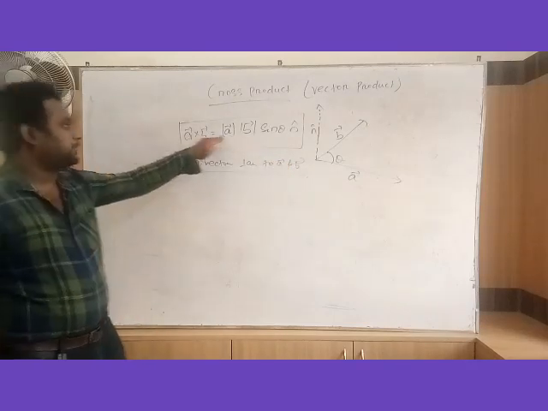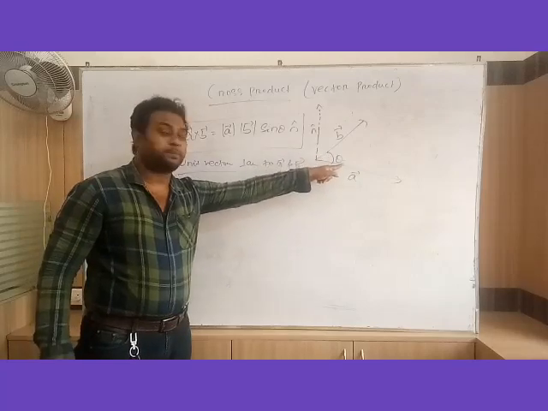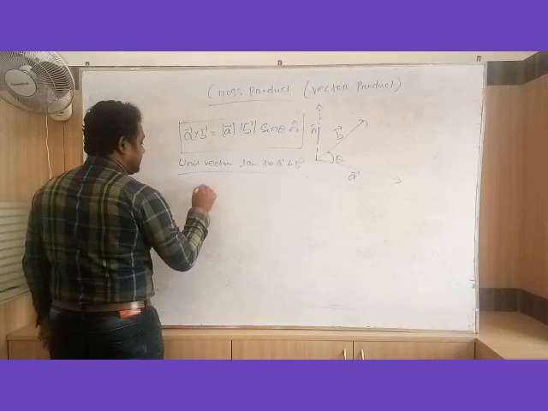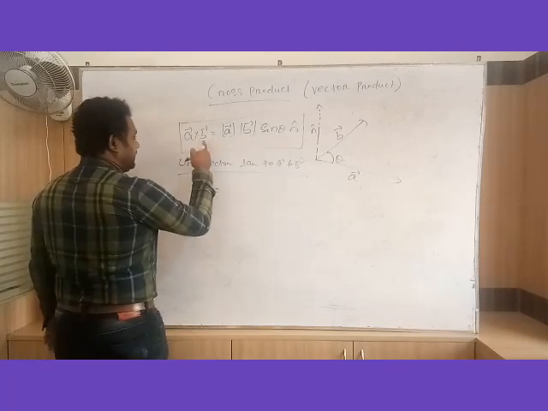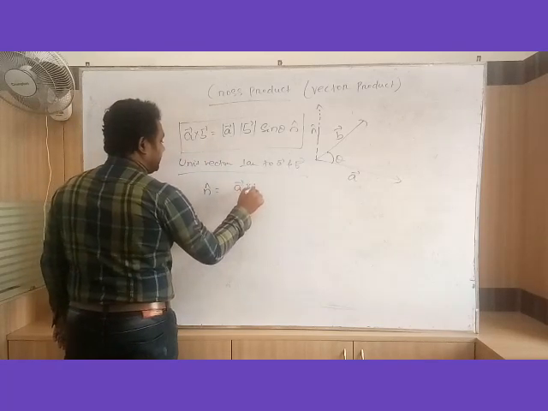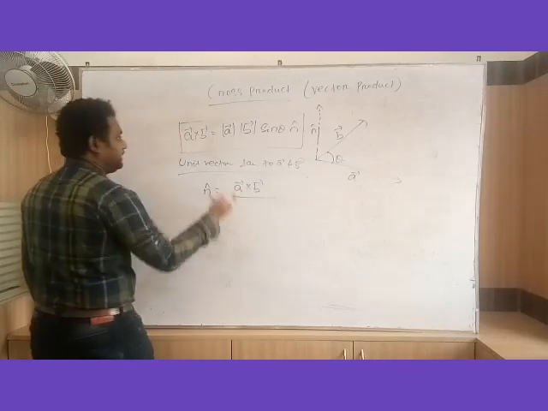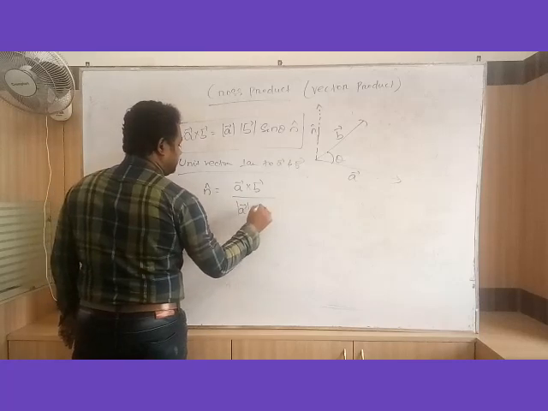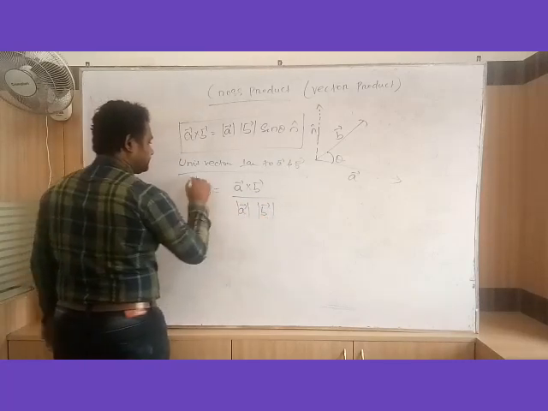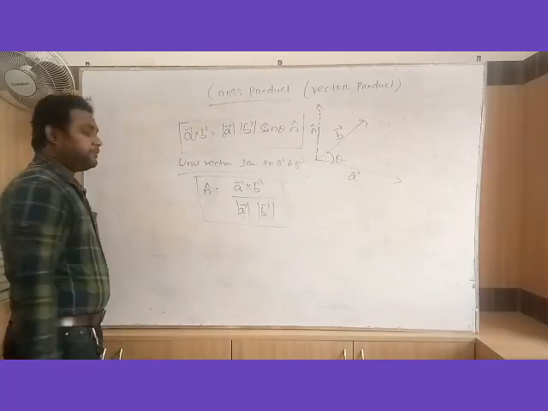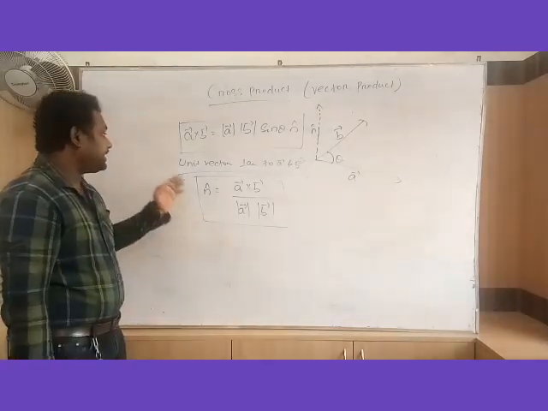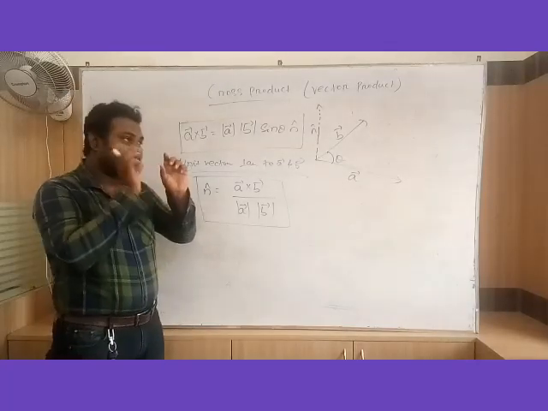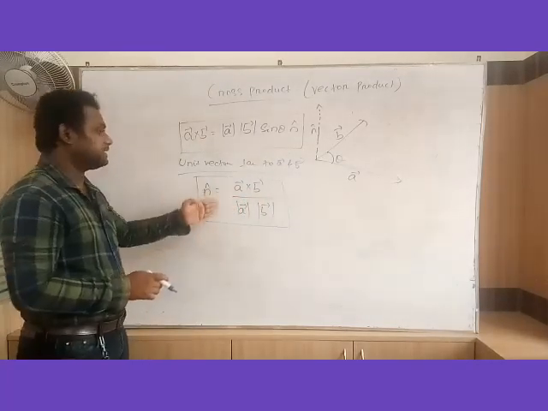Here in the formula we have already seen that n cap is the unit vector perpendicular to both A vector and B vector. So what is the value of n cap? n cap equals A cross B divided by magnitude of A into magnitude of B. So if we are asked to find the vector perpendicular to any two given vectors, this is the formula.